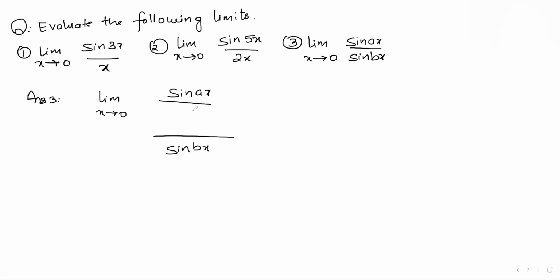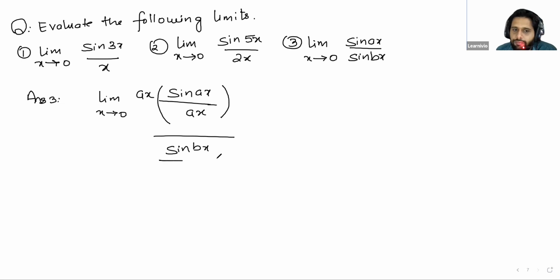AX. So we will divide this with ax and multiply with ax. And similarly, if we need to put the formula in the denominator, then we will divide with what? BX. Very good. Multiply and divide with bx.